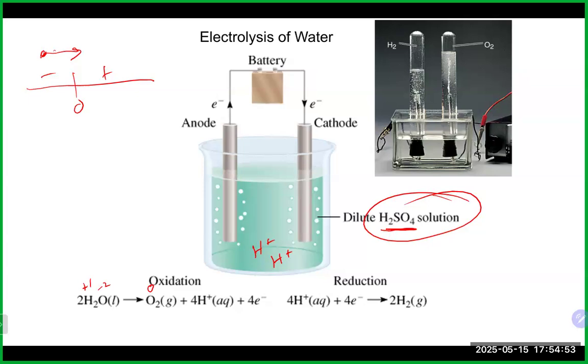And it's the oxygen in this case. On the other end, we have our +1, really from the H pluses in the solution, and that's going to go to 0. So in the case of the hydrogen, going in this direction, becoming more negative and going through reduction. And that is what we are collecting in these test tubes here.